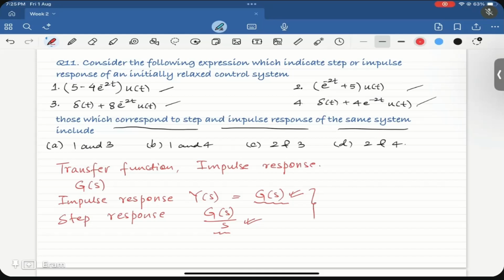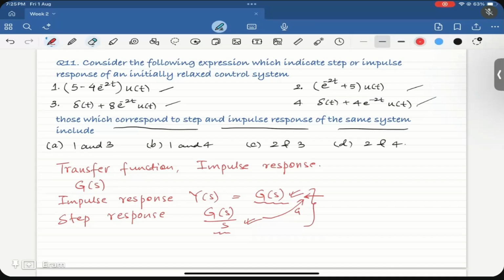So in Laplace they have the relation of the same transfer function divided by s. How can we relate this in the time domain? How can we get the impulse response from the step response? To get the impulse response from the step response, we need to multiply the step response by s, right?